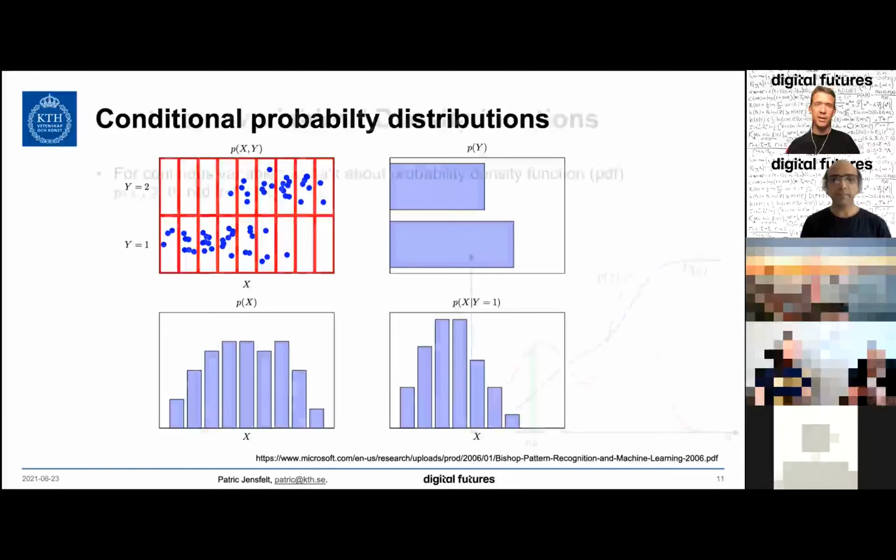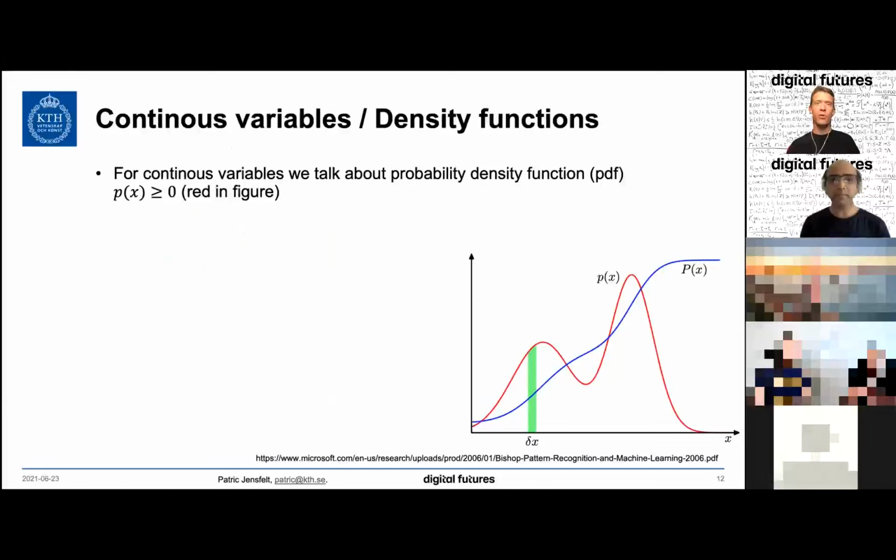And then, of course, variables could be continuous. And in that case, we talk about density functions instead. So in this bottom right figure, we have on the x-axis different values that x might take.